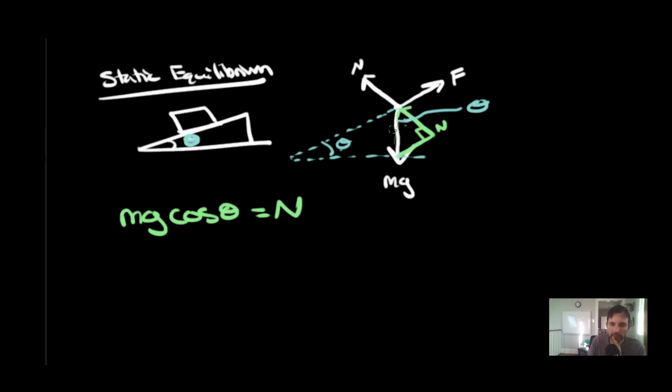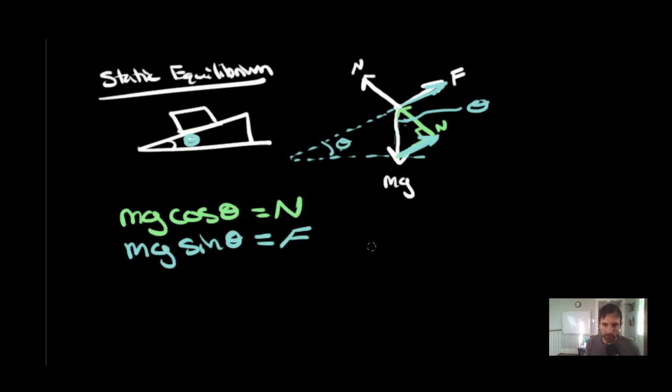And so mass times gravity times cosine of that theta will be my normal force. And so because we're in static equilibrium, what is this force here? That, if you look at the direction, is our friction force. Therefore, mass times gravity times the sine of theta equals our friction force.